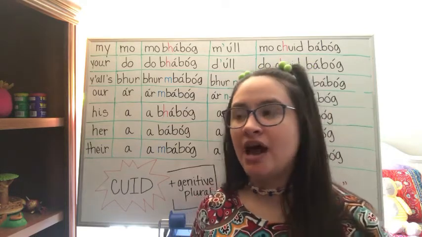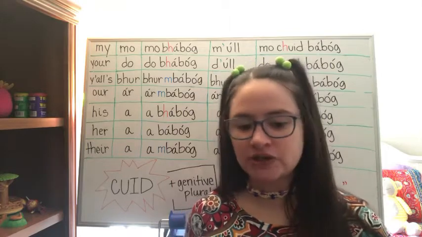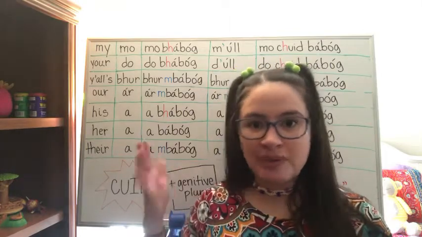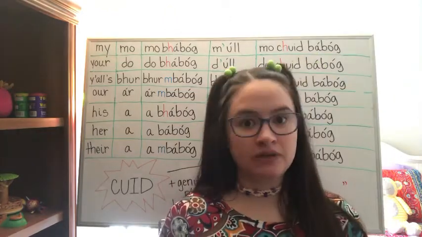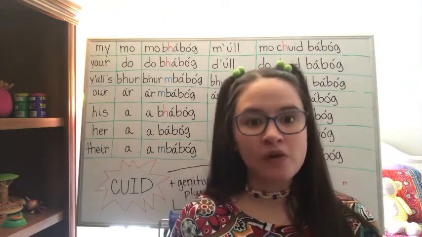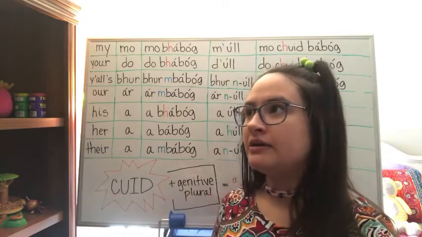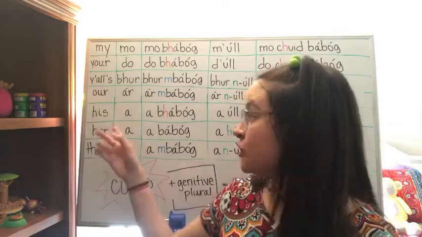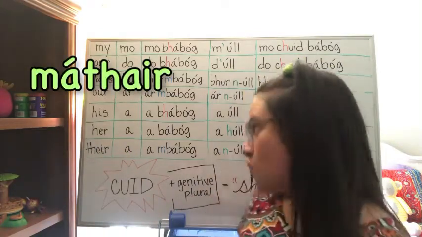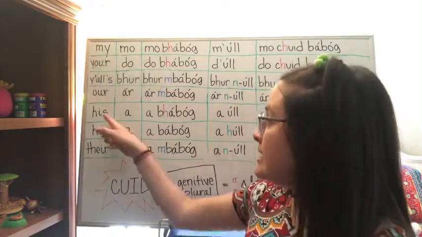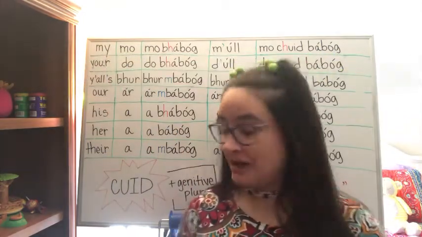You just have to kind of go by context, and I'm sure probably in most situations it'll be obvious or semi-obvious. Sometimes we can use some deductive reasoning. For example, if the word starts with M. Let's say we're talking about his, her, or their mother, máthair. Well, his mother would be a mháthair. M can be lenited.